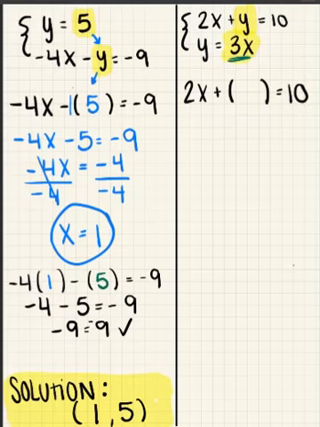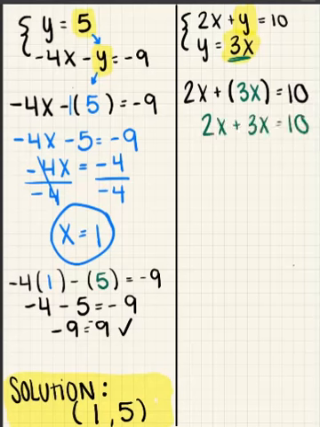But y secretly now is 3x. We want to clean that up. 2x plus 3x equals 10. You want to combine any like terms that you may have. 2x and 3x make 5x.